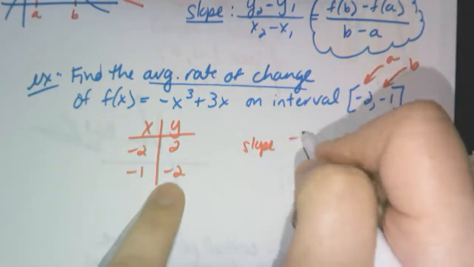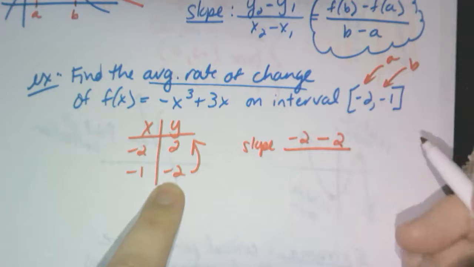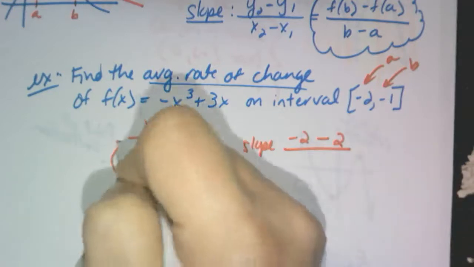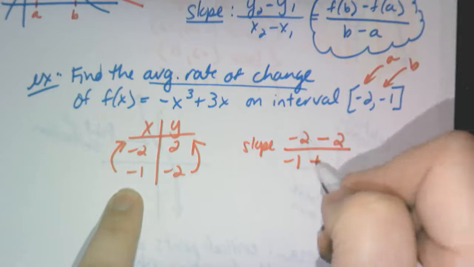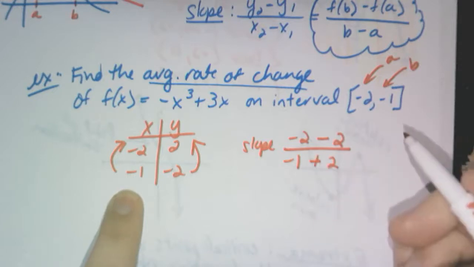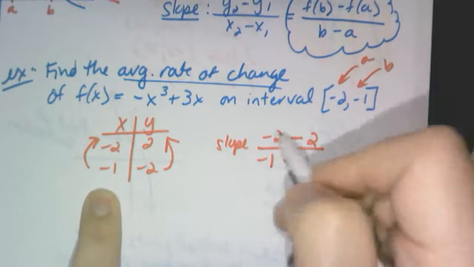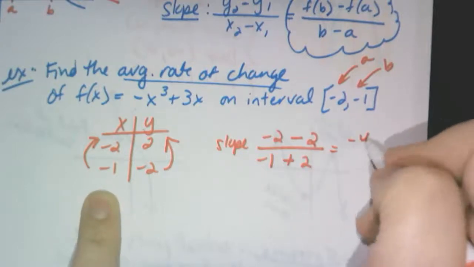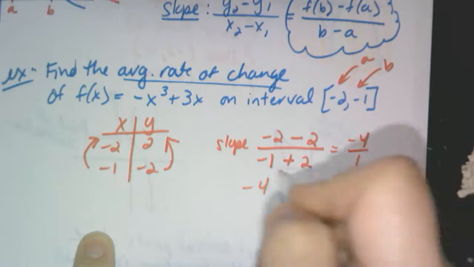So -2 minus 2 over your x's, -1 minus a -2. You have to change the sign there. So what's -2 minus 2? -4. That's your slope. That is your average rate of change. -4.